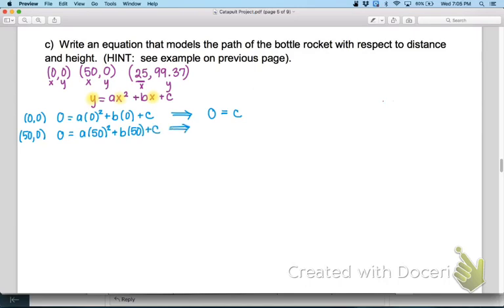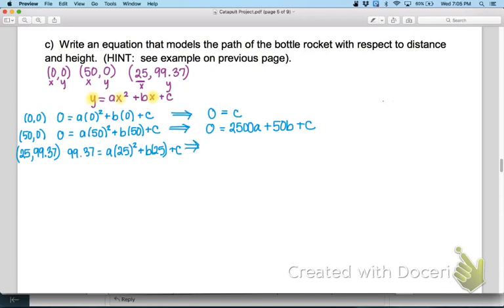And when we plug that in there, we get 0 equals 2,500a plus 50b plus c. And the last one is 25 and 99.37. And when we plug that in there, this time we get 99.37 equals a times 25 squared plus b times 25 plus c.